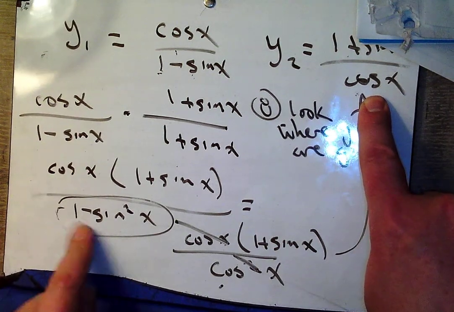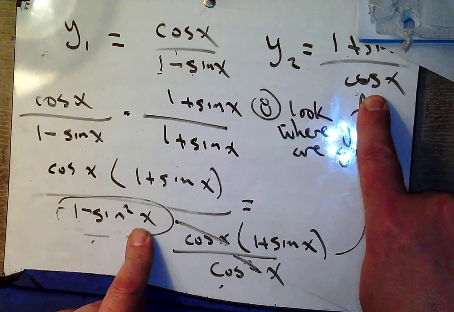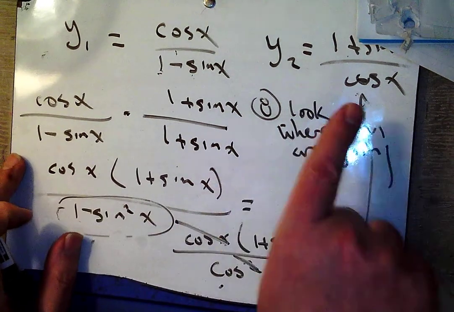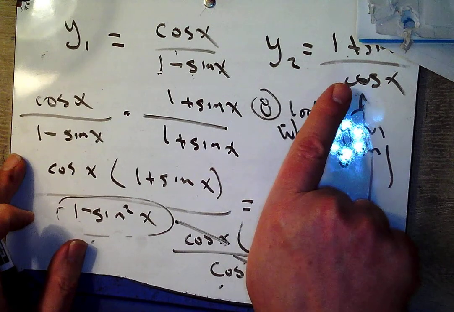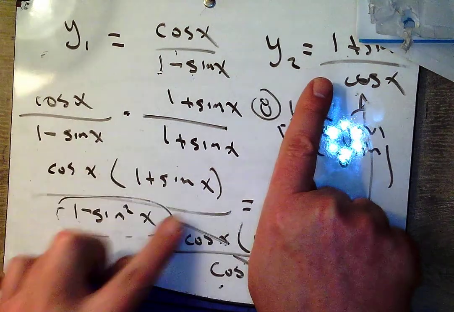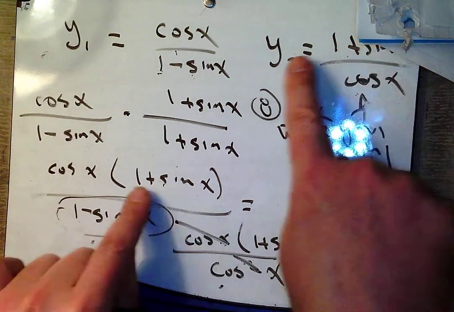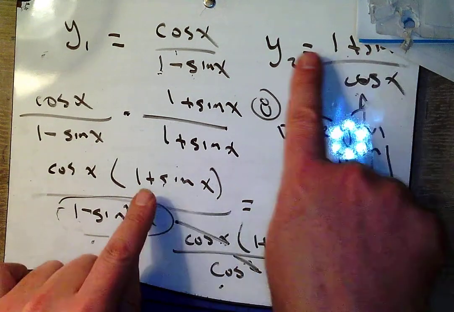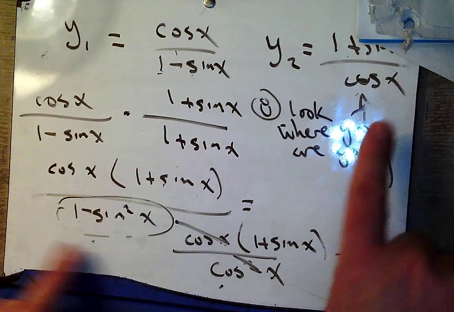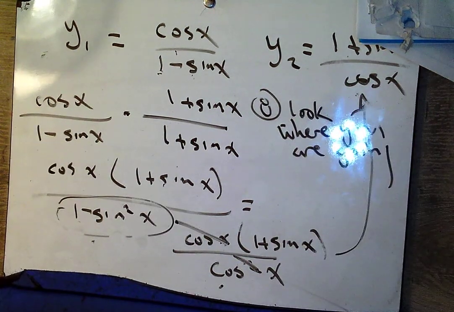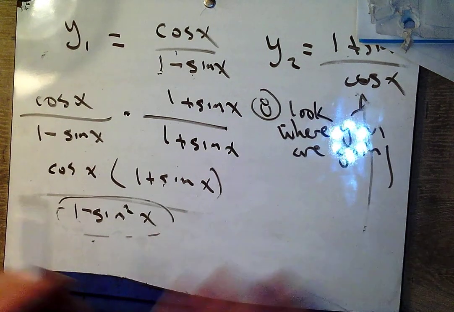Oh, hey, isn't that cosine squared? Yeah, see what I mean? If you get to that stuck place and you look where you're trying to go and say, well, how can I go from where I am to where I want to be? Not having to change this one because this is the same in both. So this stuff somehow needs to turn into that. Okay? And you know it.